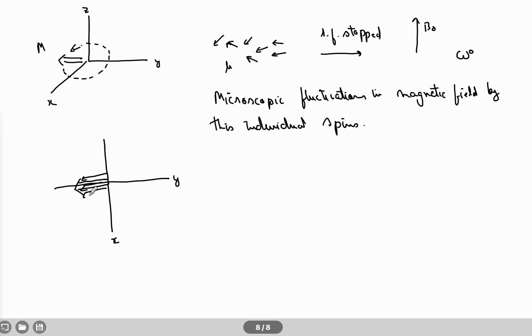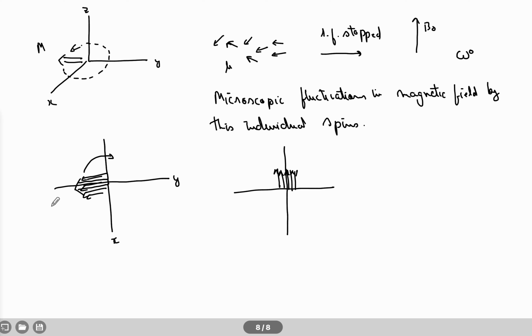Let's say the projection is along the minus y axis. Let's draw the rotation as clockwise. So all of them are rotating like this. At a certain amount of time, let's say all of them have arrived here.